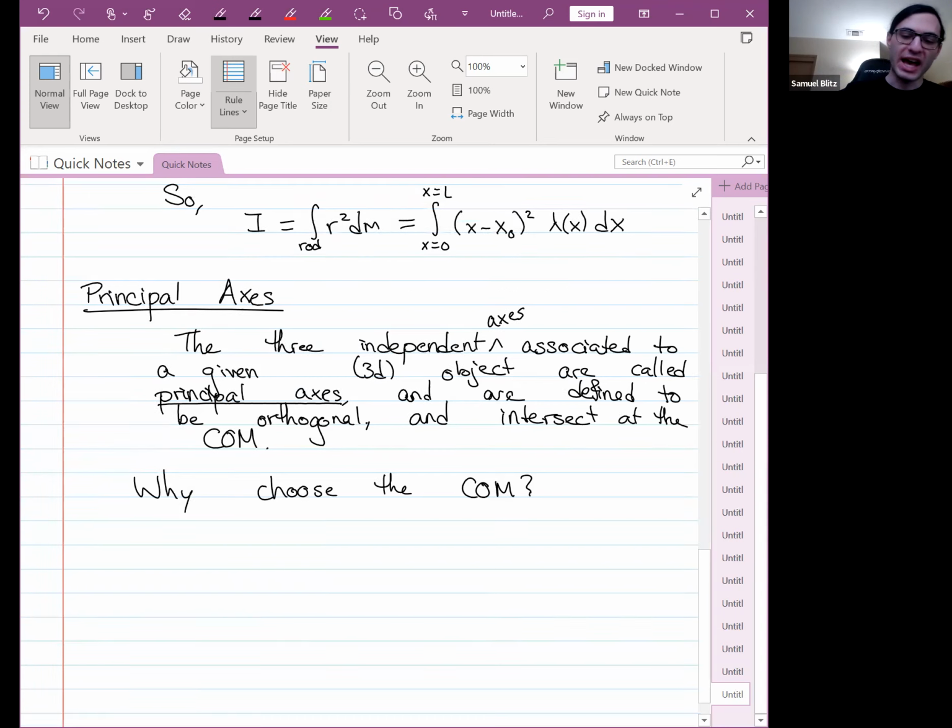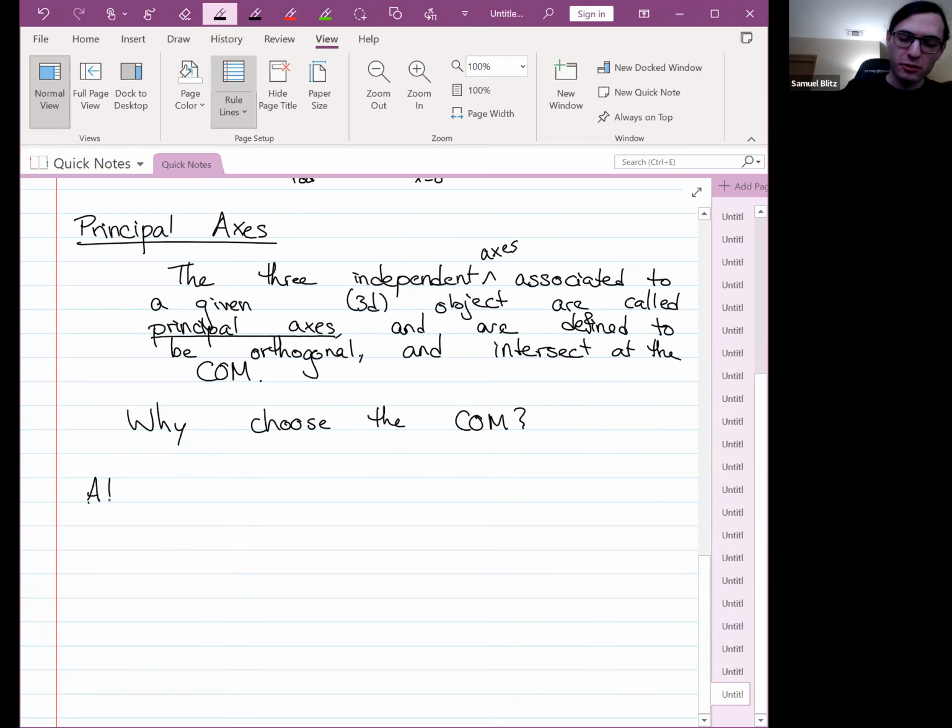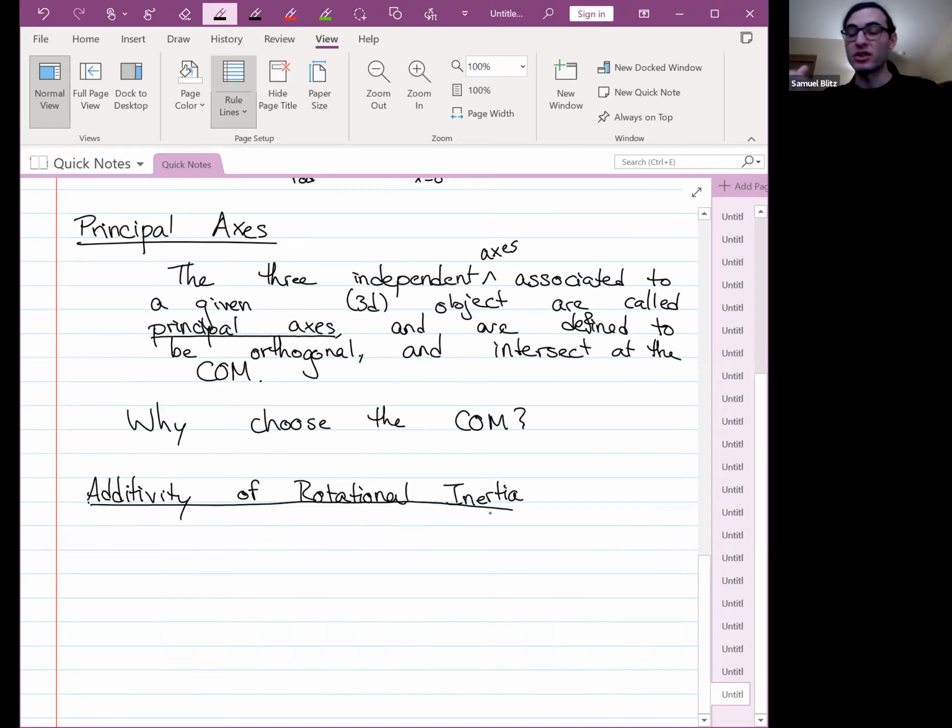Let's talk about the additivity of rotational inertia. So already you guys kind of, hopefully, have this notion that rotational inertia is kind of like mass, which means just like how the total mass of a system is the sum of the masses of all of its constituent parts, the total rotational inertia of a system is the sum of the rotational inertia of all of its parts.